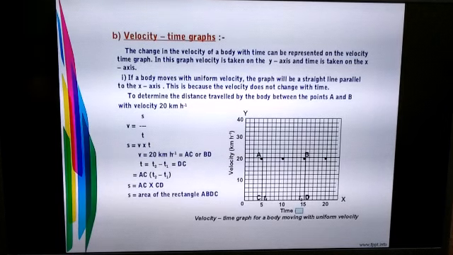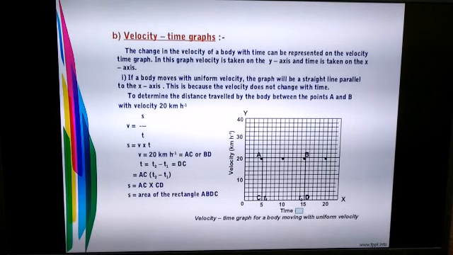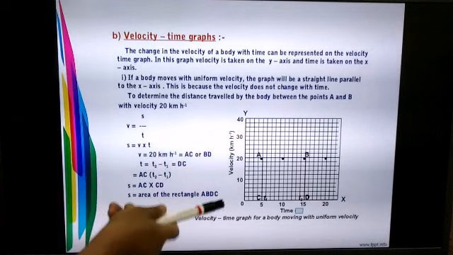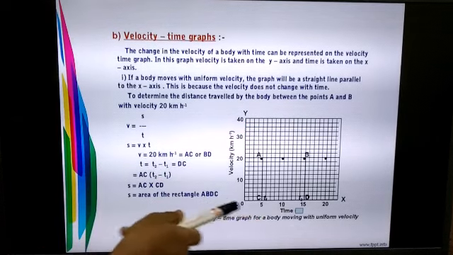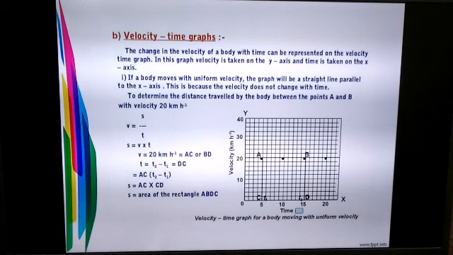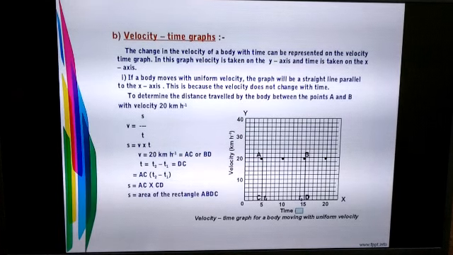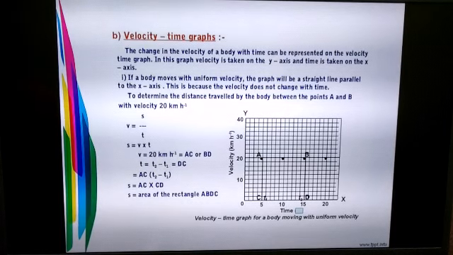This is a velocity time graph for an object which is moving with uniform velocity. Here you can see that the velocity is shown on the y-axis and the time is plotted along the x-axis. Now if the object is moving with uniform velocity, we find that the height of the object is not changing with time.